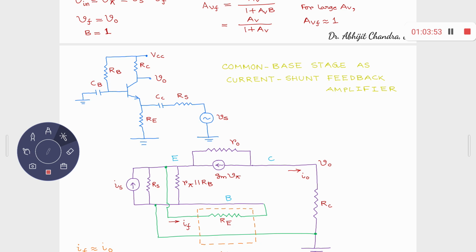Between collector and emitter, you have this gm V pi. This is the direction of the current from the collector side towards the emitter side, where V pi is the base to emitter voltage.